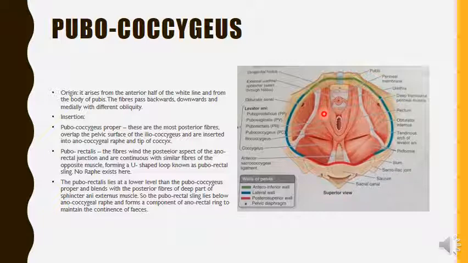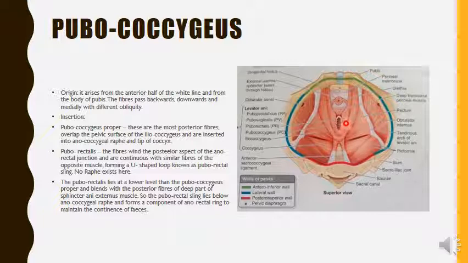Then the other one is puborectalis, and these fibers wind round the posterior aspect. So here you can see these fibers winding round the posterior aspect of the rectum, or anorectal junction, and are continuous with the similar fibers of the opposite side, forming a U-shaped loop known as the puborectal sling.